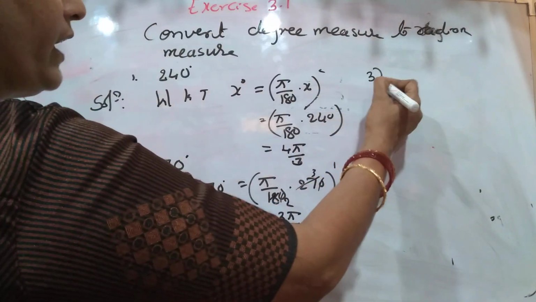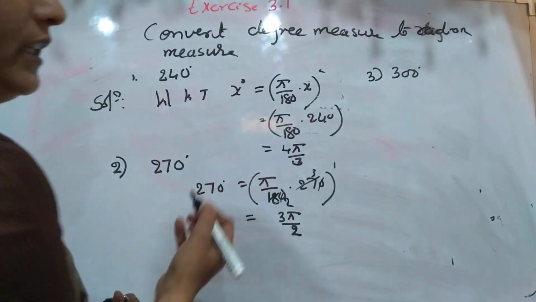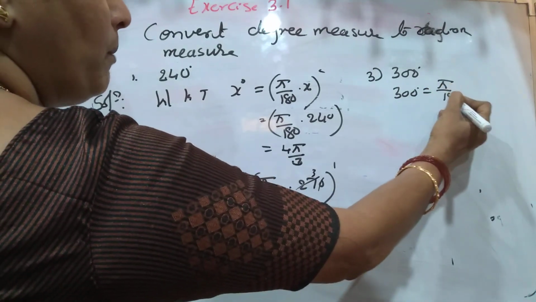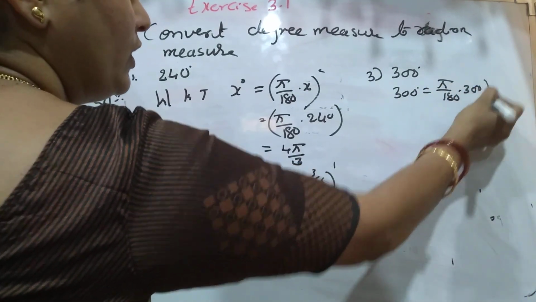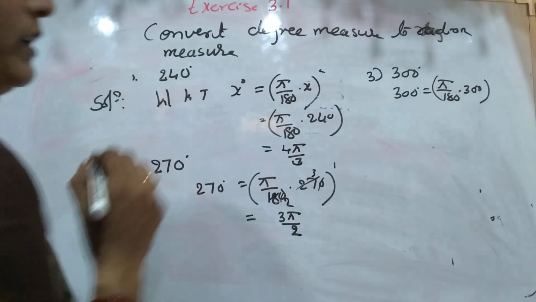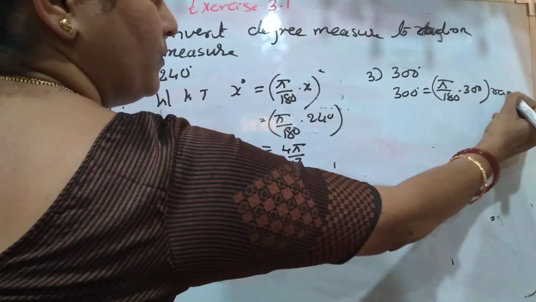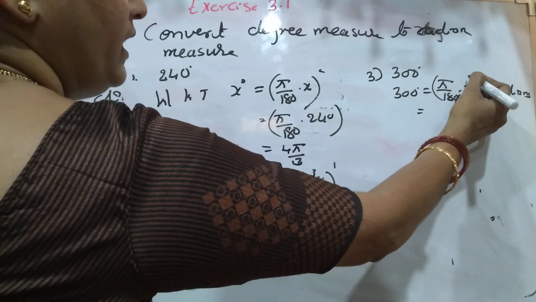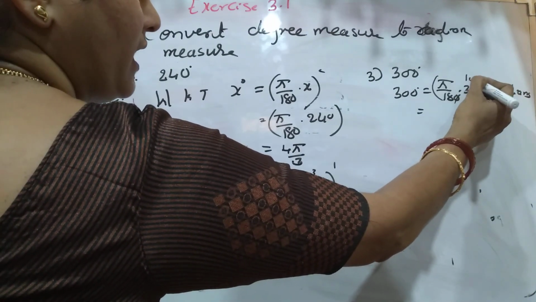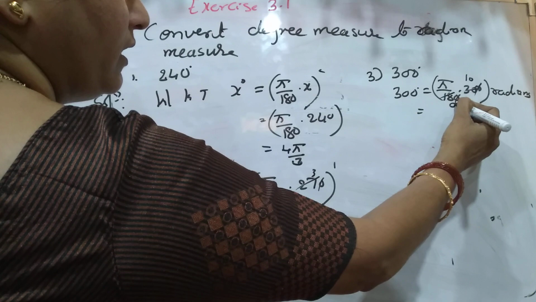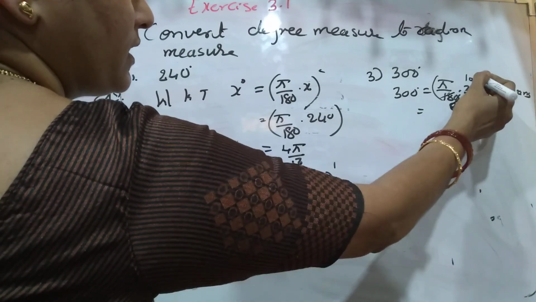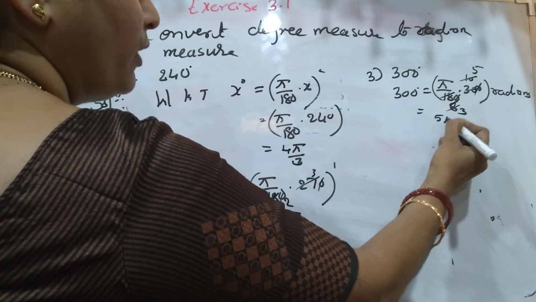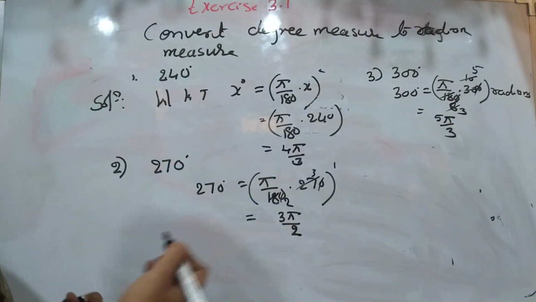Third one, I take 300 degrees. 300 degrees is multiplied by pi by 180, so that the answer comes out to be in terms of radians. 0, 0 cancels. 3 tens are 3, 6 are, again you can take 2 5s are, 2 3s are, 5 pi by 3.